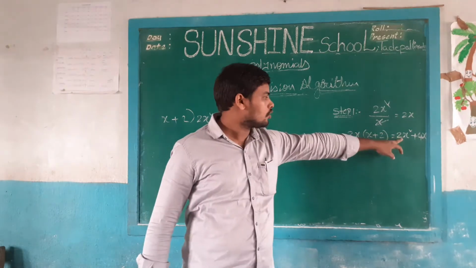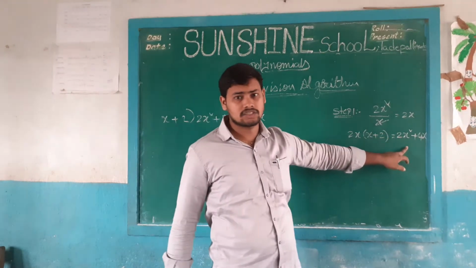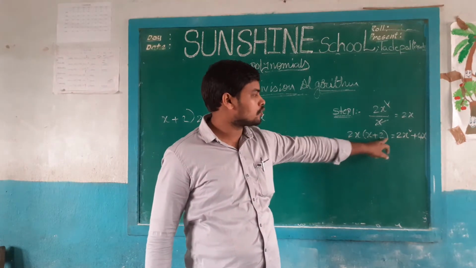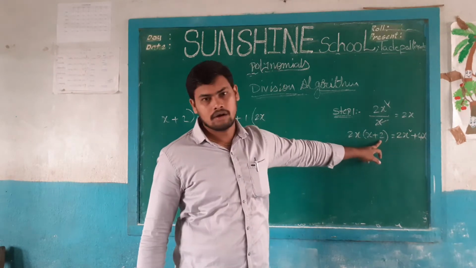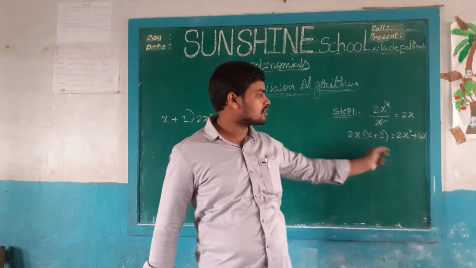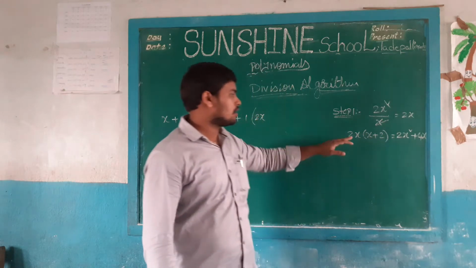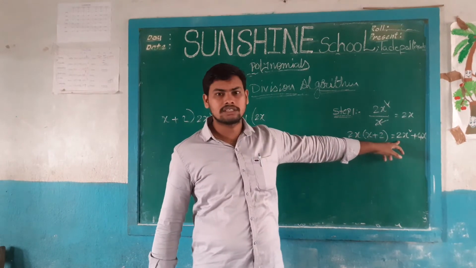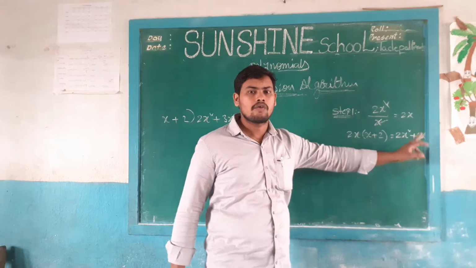So 2 into 2 is 4, and there is no variable here, so directly write down the x here. The result is 2x square plus 4x.